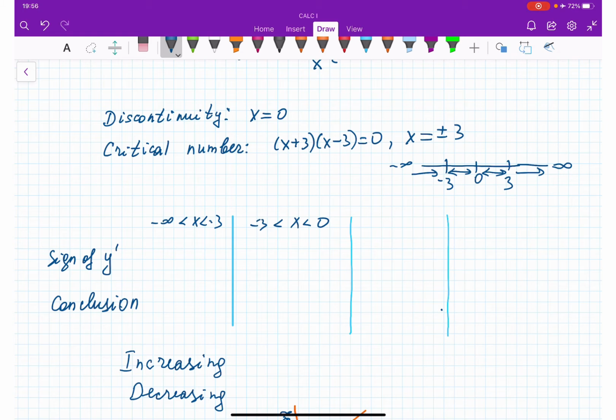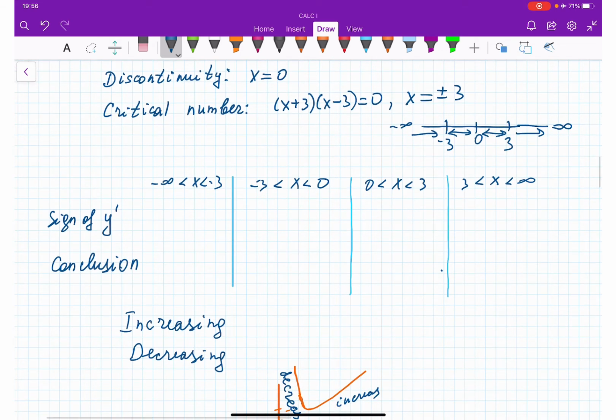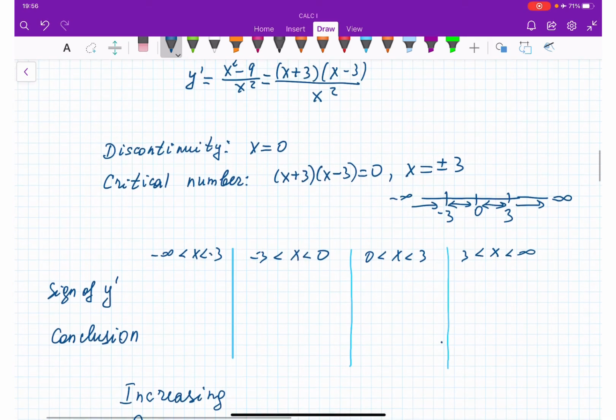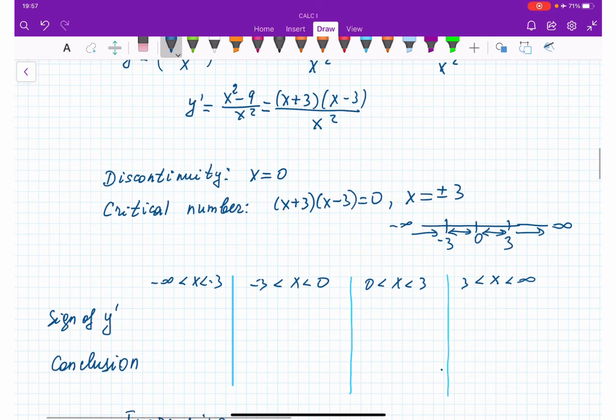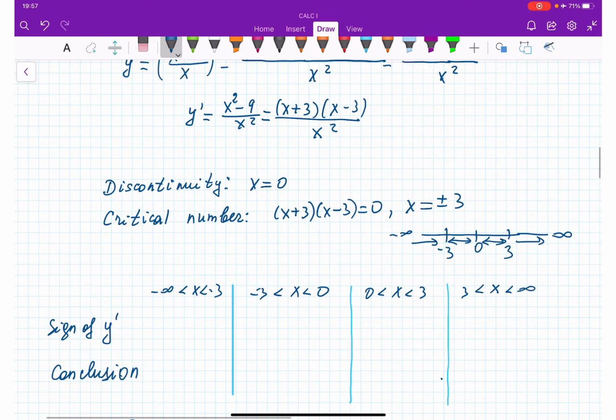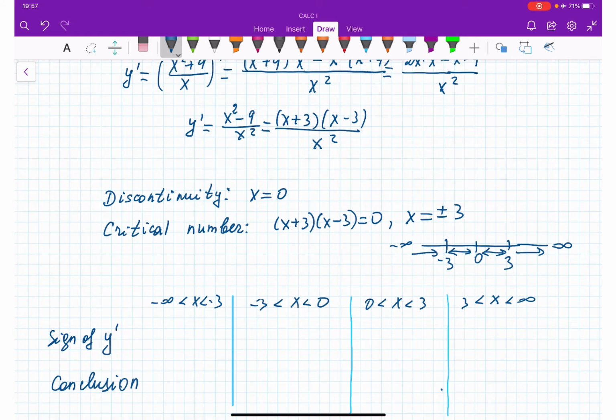Here we have x is greater than 0, less than 3. And here we have x is greater than 3 and less than infinity. Okay, so if we take a value on the interval negative infinity to negative 3, let's say negative 4, right?